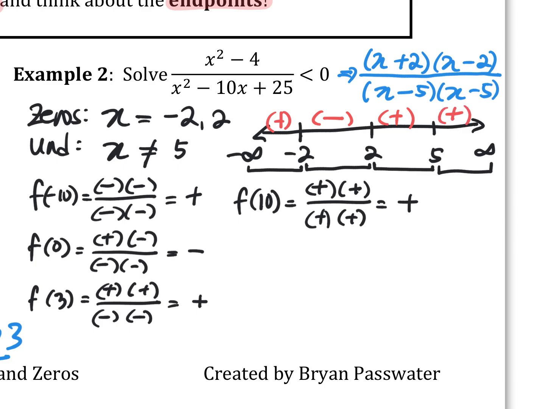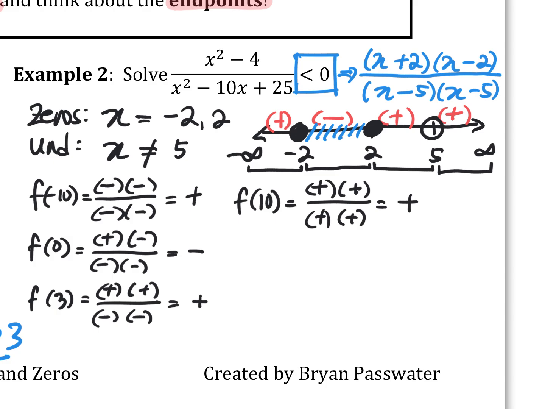In here, we solve for the rational function where it's going to be less than 0. If it's less than 0, we can only find it from here. Also, we know that negative 2 is actually part of the domain, except for 5. That's going to have an open circle.